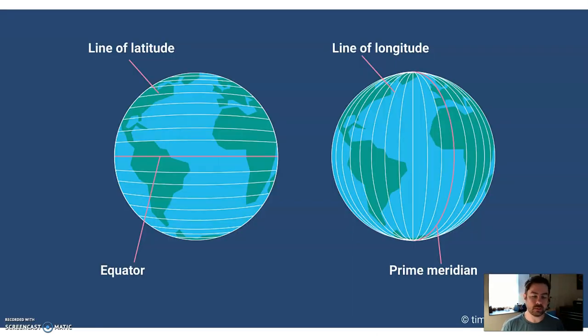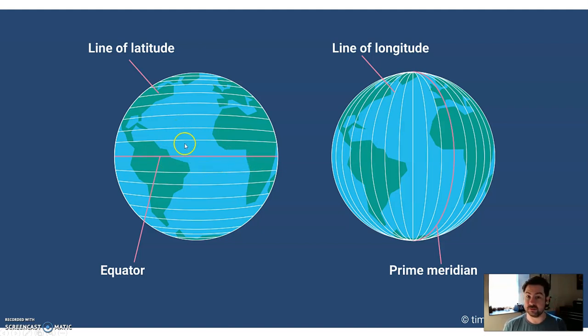So as far as latitude and longitude are concerned, latitude lines are the measurement lines that run horizontally around the Earth. The equator is where we measure latitude from.